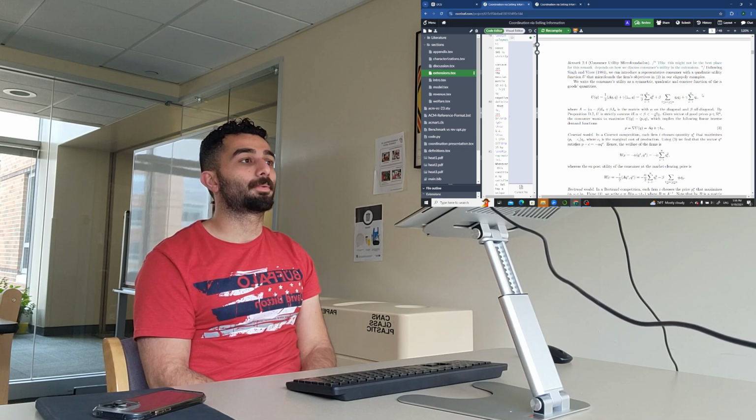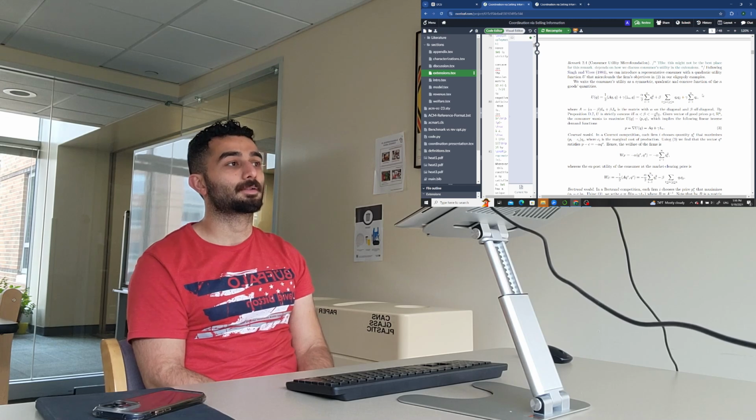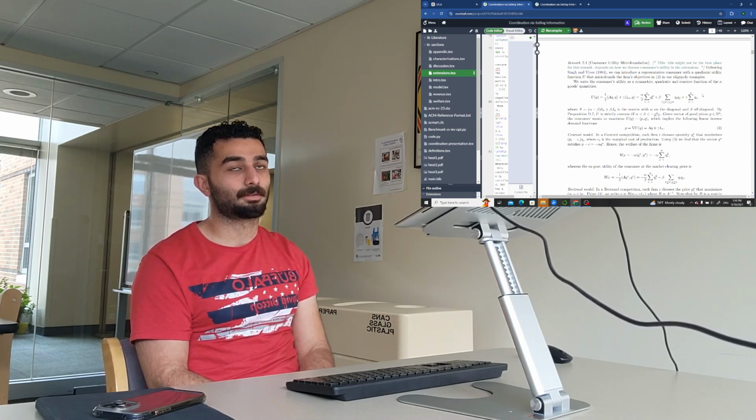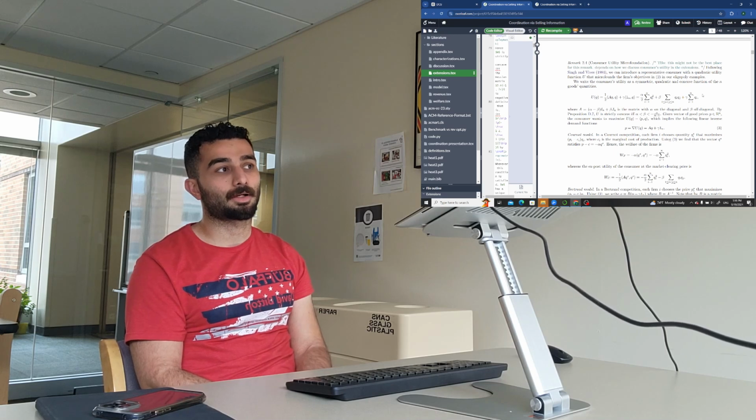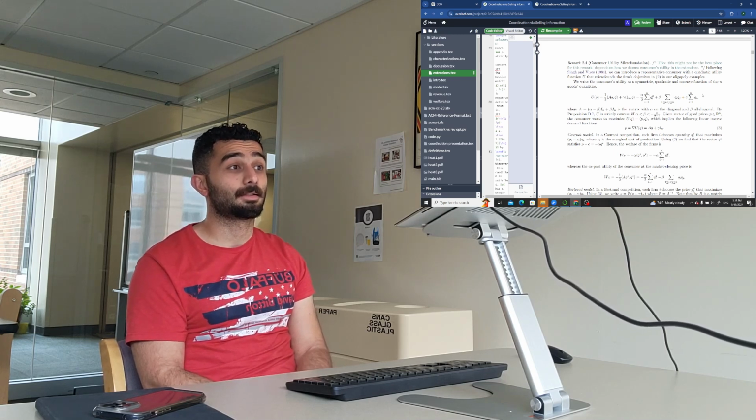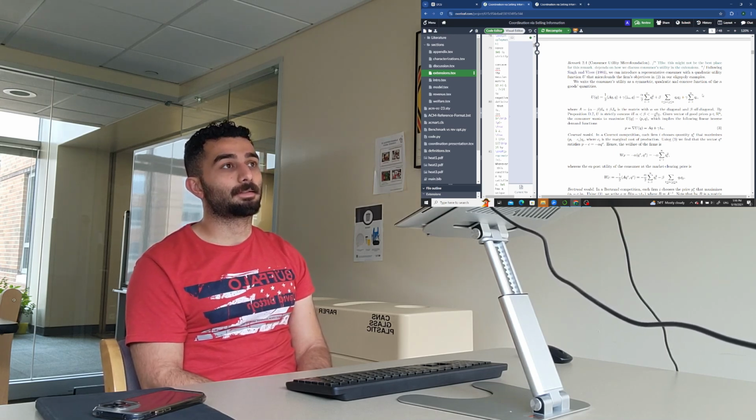In Cournot competition, each firm i chooses quantity Qi star that maximizes this term, Pi minus C. We choose Qi, Pi is decided based on the demand. But what is the demand in Cournot?